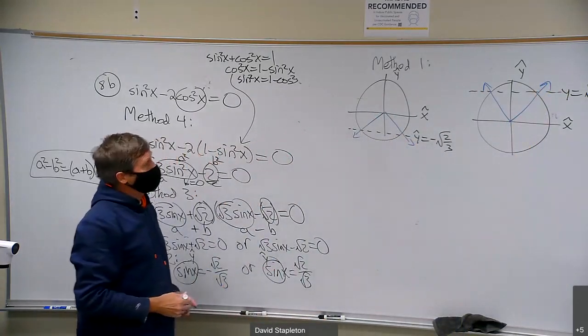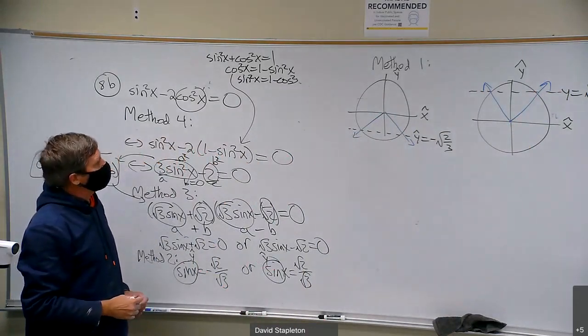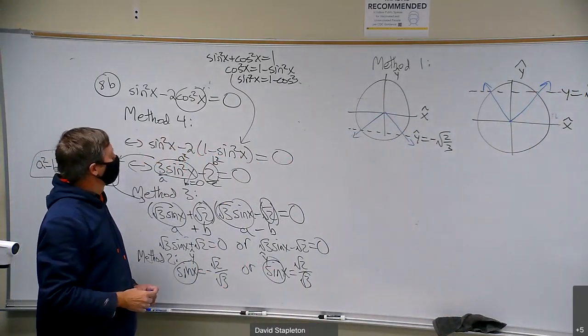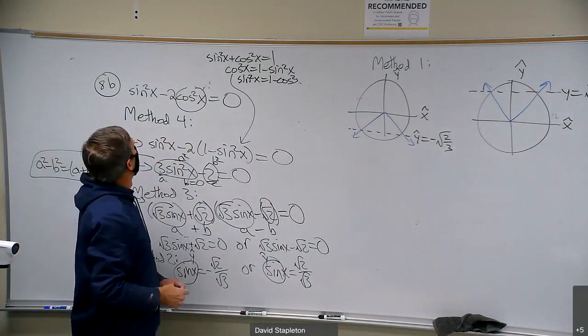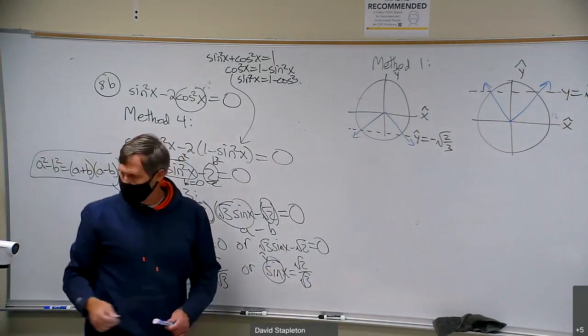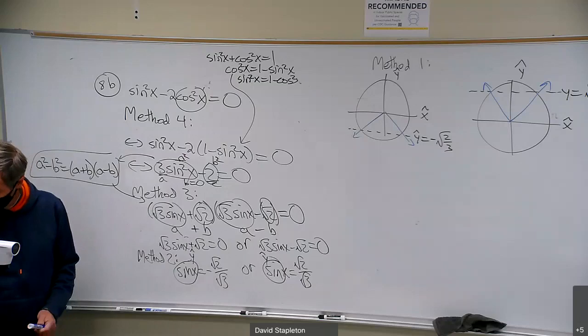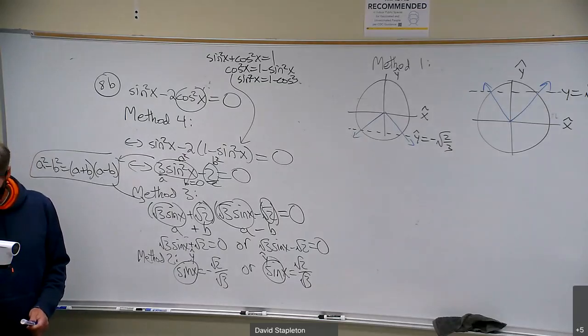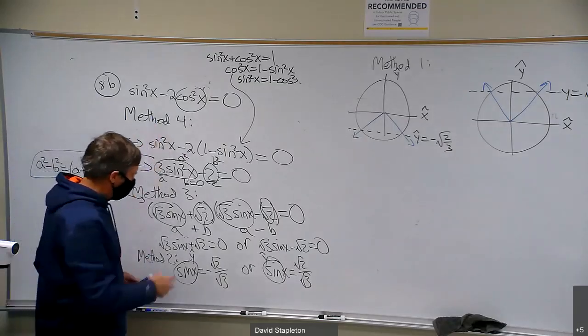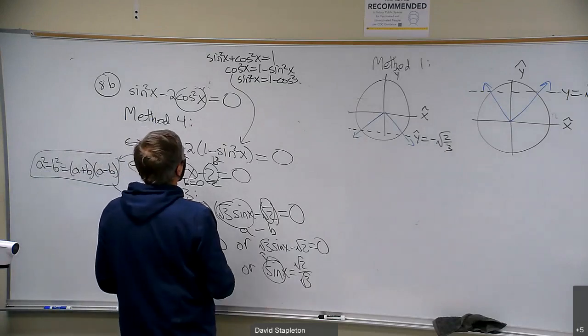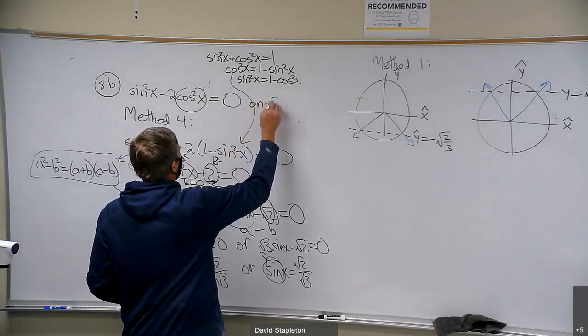And now I recognize these are not going to be special triangles. This is the tough case, right? On this problem, I should say, this is supposed to be solved in particular on this interval 0 to 2 pi.